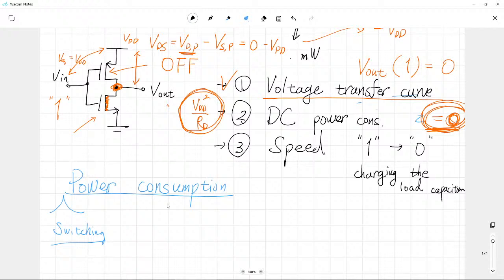But that does not mean that when you change 1 to 0, you don't need power. In this case, you have to spend your energy. So we will talk about this part. Even in the case of our CMOS technology, switching costs energy.